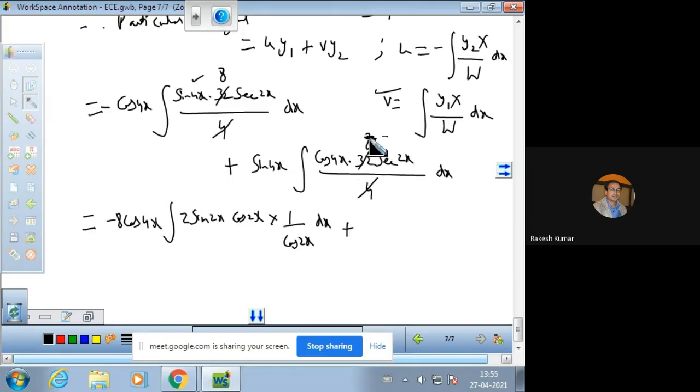Plus, similarly, 4 can be cancelled with the 32. So 8 sine 4x, and cos 4x is there. The value of cos 4x is, by using the cos 2A formula, 2 cos square 2x minus 1, over secant 2x which can be written as 1 over cos 2x.